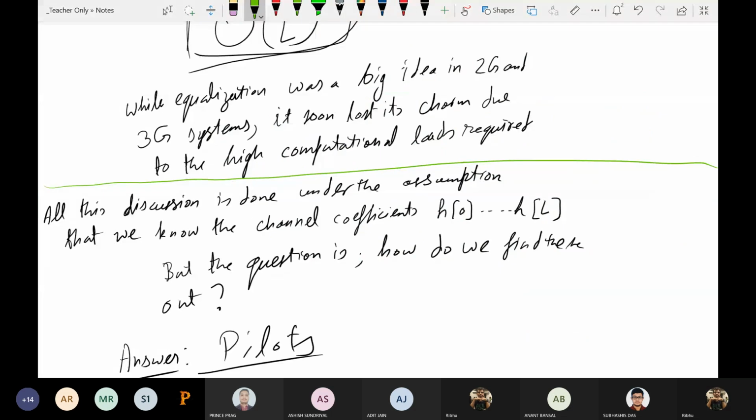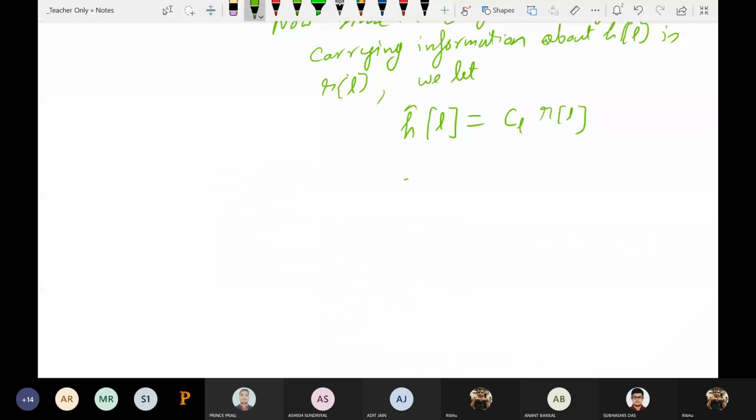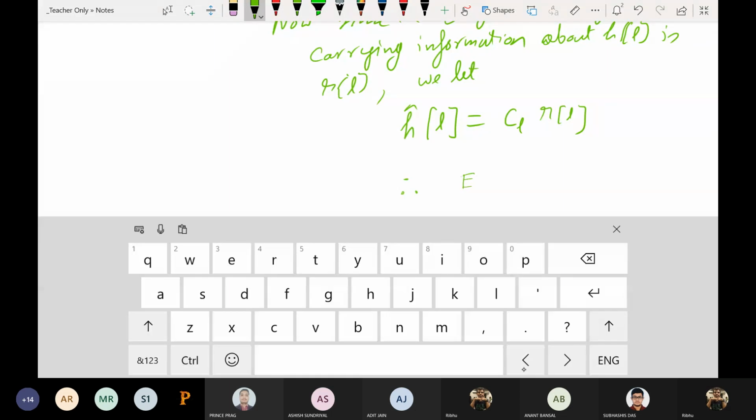So now, therefore, we have to find the CL so that we get the optimal estimate. So again, the expectation of HL minus CL RL, whole squared, is to be minimized.